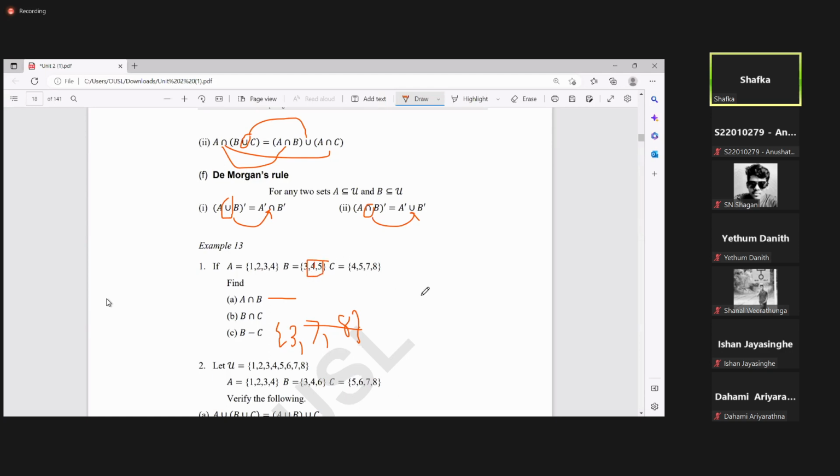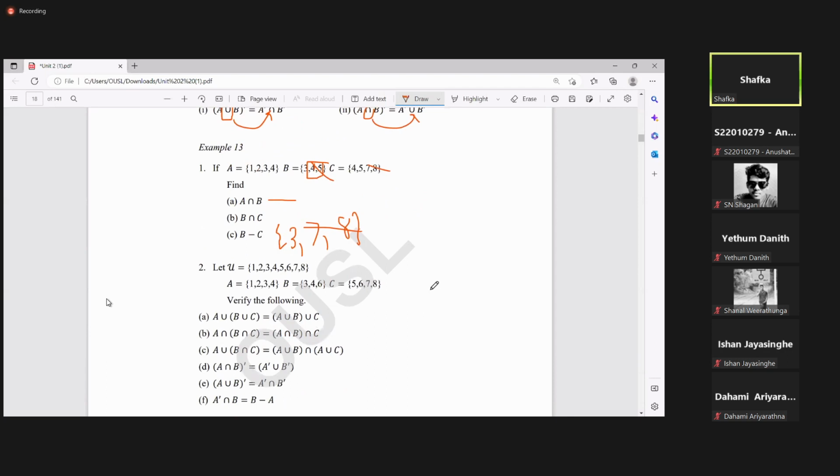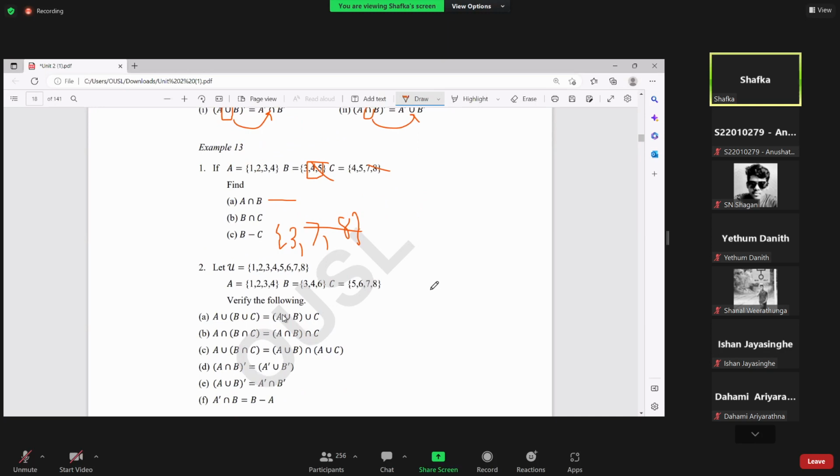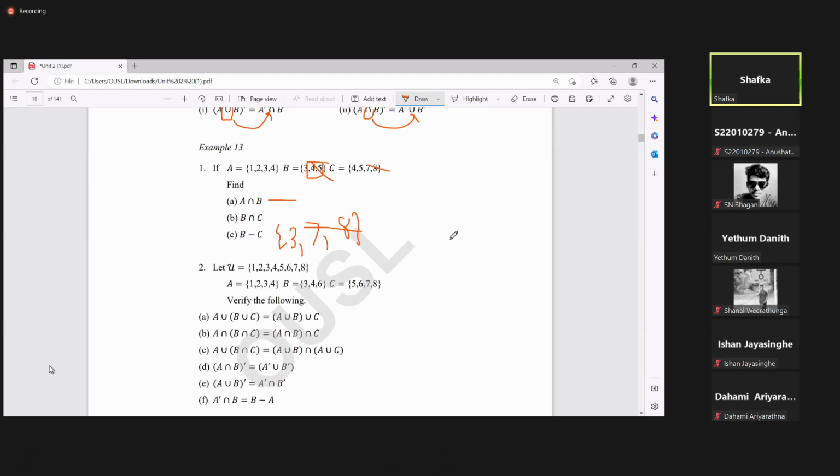These are the common elements of B and C. Then remove these from B. No need to think about 7 and 8. Is that clear? Yes, ma'am.